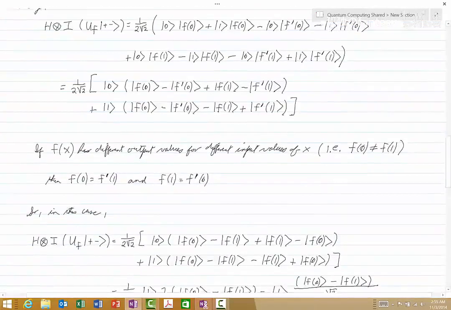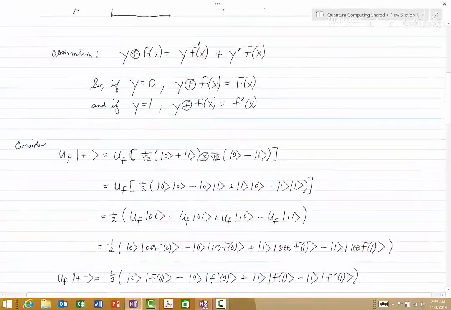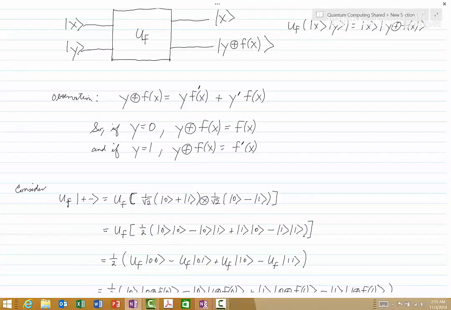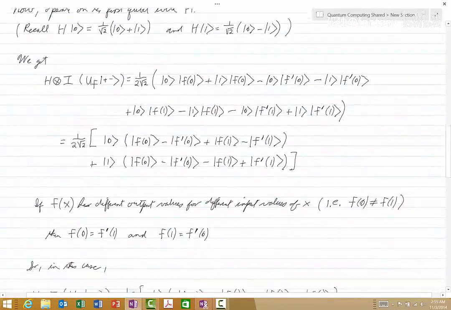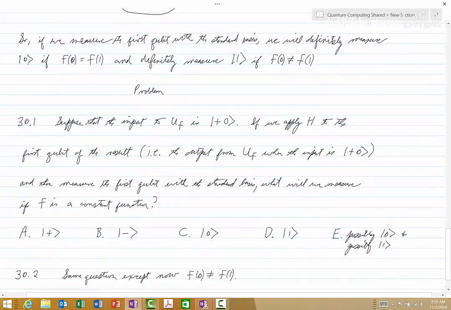The only difference now is that in our lecture, as you can see right here, the input that we considered to U_f is the 2-qubit state plus minus. But now, instead of looking at that input in our two problems, we're going to look at the input plus 0. Not plus minus, but plus 0. And so we're going to have that as input for U_f, and then we'll get some output. And that output is what I'm referring to as the result.